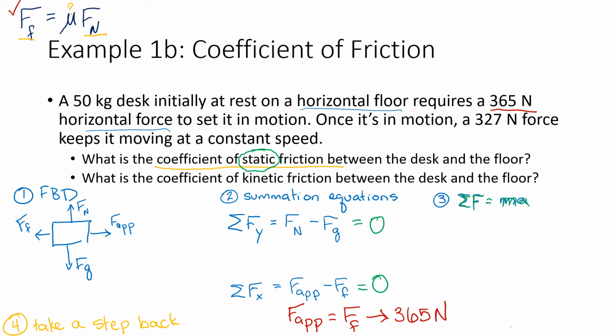Now we need to know about the normal force. So what do we know? The normal force is in which summation equation? The x summation equation or the y summation equation? The y summation equation. And we know that the normal force minus the force of gravity is 0. So what does that tell us about the normal force and the force of gravity? They're equal to each other. So that means we need to figure out what the force of gravity on this object is.